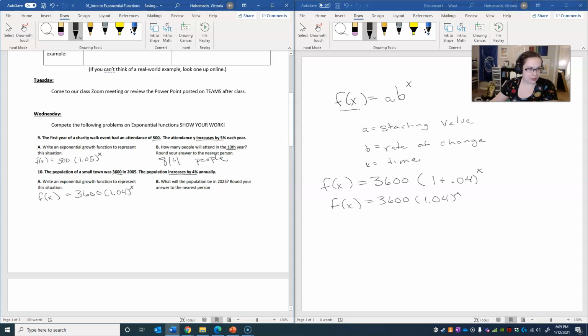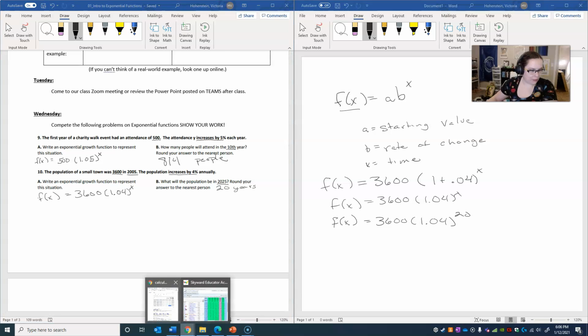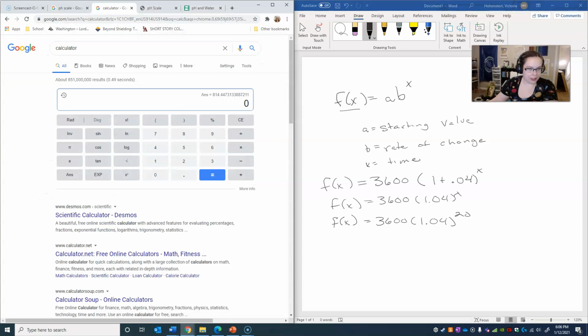Well, our first year was 2005. In 2025, that's going to be 20 years later. So 20 is going to be our x value. So I'll rewrite my equation and plug in 20 for x and then solve it. F of x equals 3,600 times 1.04 to the 20th. All right, so let's plug that into a calculator. I do the second part, parentheses and exponent, first.